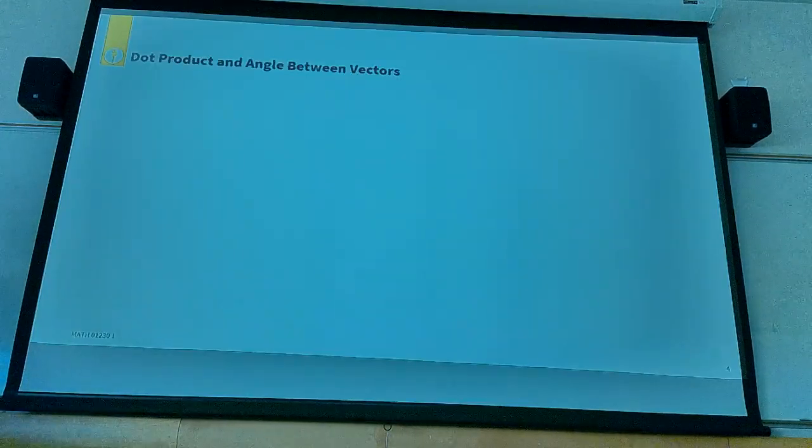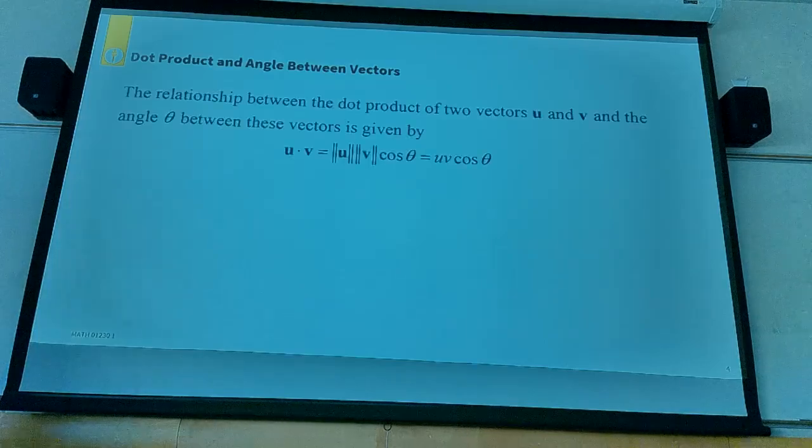An alternative form of the dot product: u dot v is the magnitude of u times the magnitude of v times the cosine of the angle between the vectors u and v.